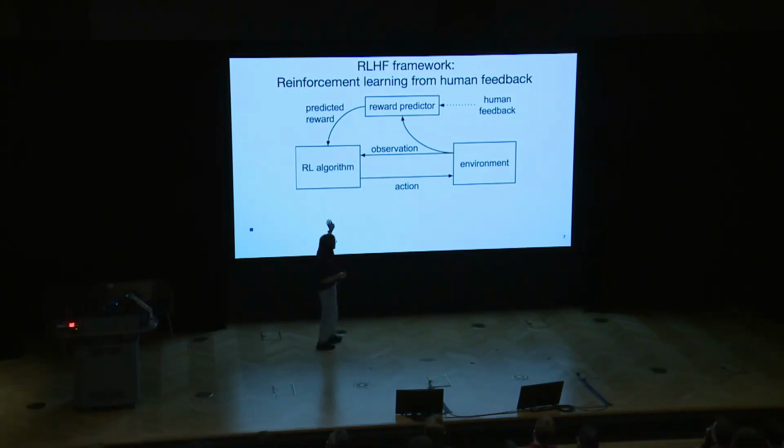Our algorithm is not receiving the reward signal from the environment. On the other hand, this reward signal would come from a reward predictor that is aligned with the human's feedback. This is the typical difference from the standard reinforcement learning framework, and this is usually called reinforcement learning from human feedback, RLHF.